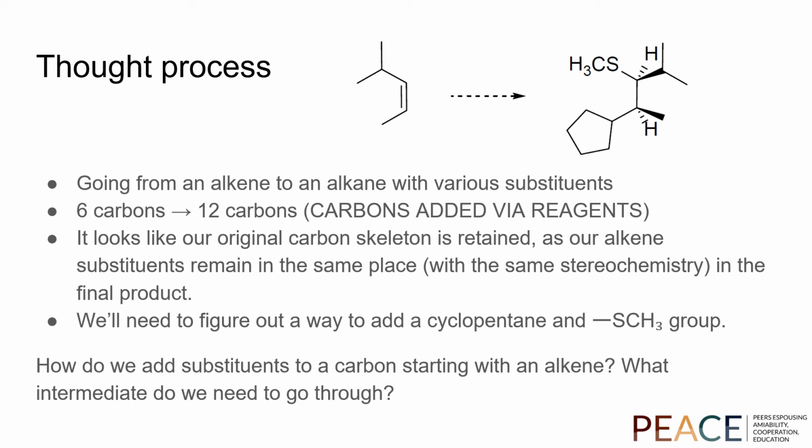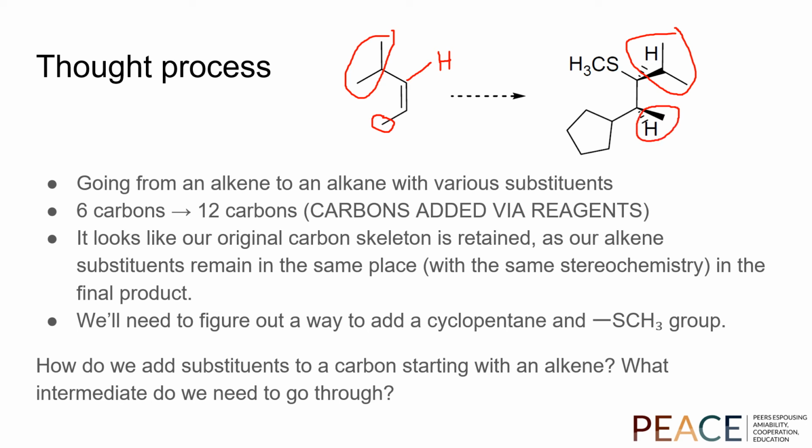So it looks like our original carbon skeleton is retained, as we can see that the isopropyl and the implicit H on this alkene are still present on our final product, and the same goes for our methyl group and its implicit hydrogen. The stereochemistry is retained.